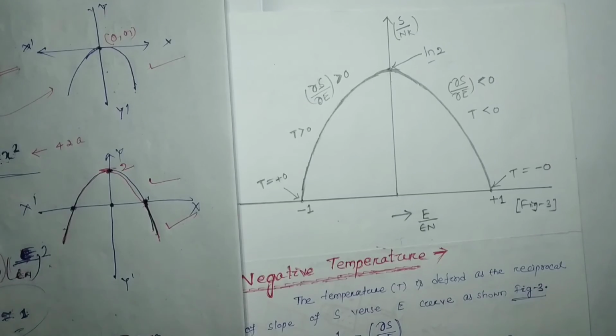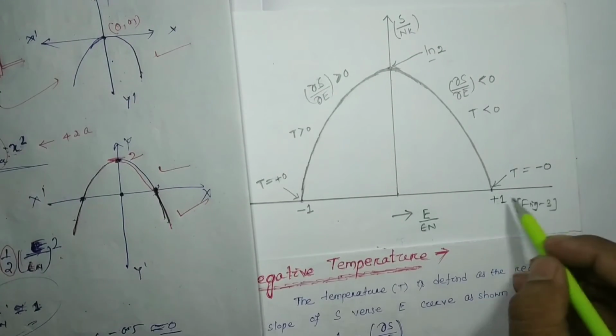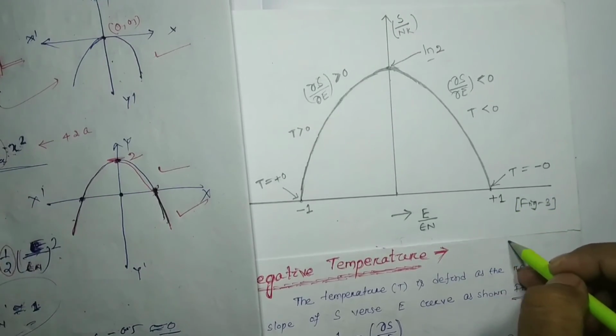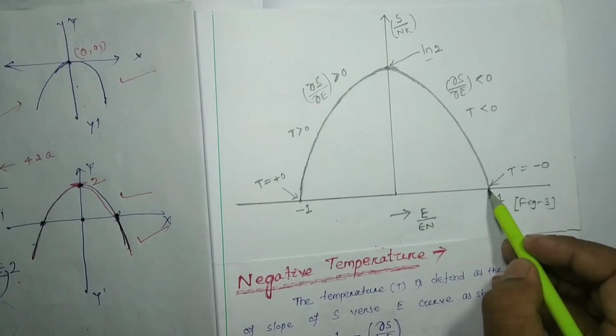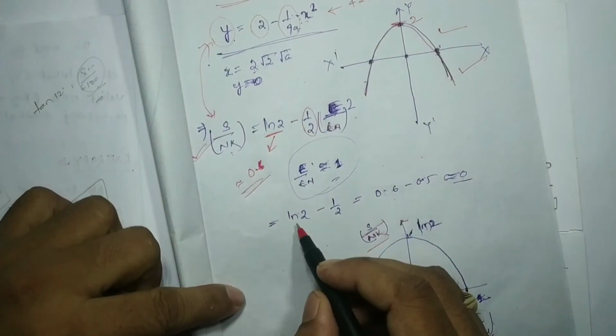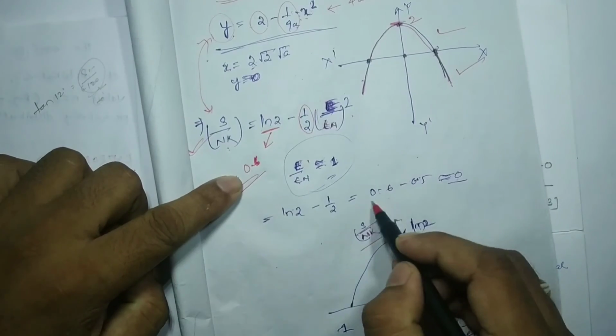So I have not considered above the plus 1 value. If I consider above the plus 1 value, the graph will come like this. I do not consider this one. So plus 1 will be 0. How will it be? See, here you can see log 2 value is how much? Approximately 0.6.